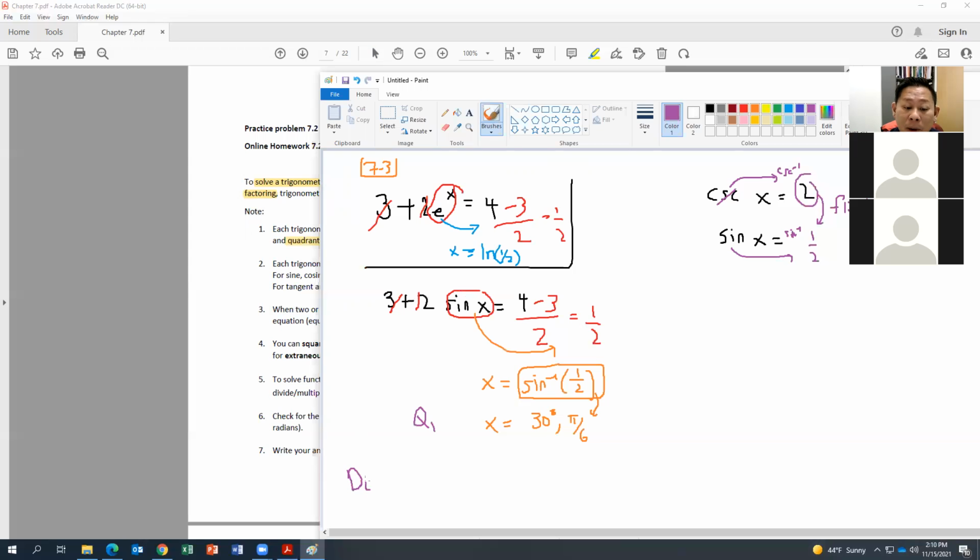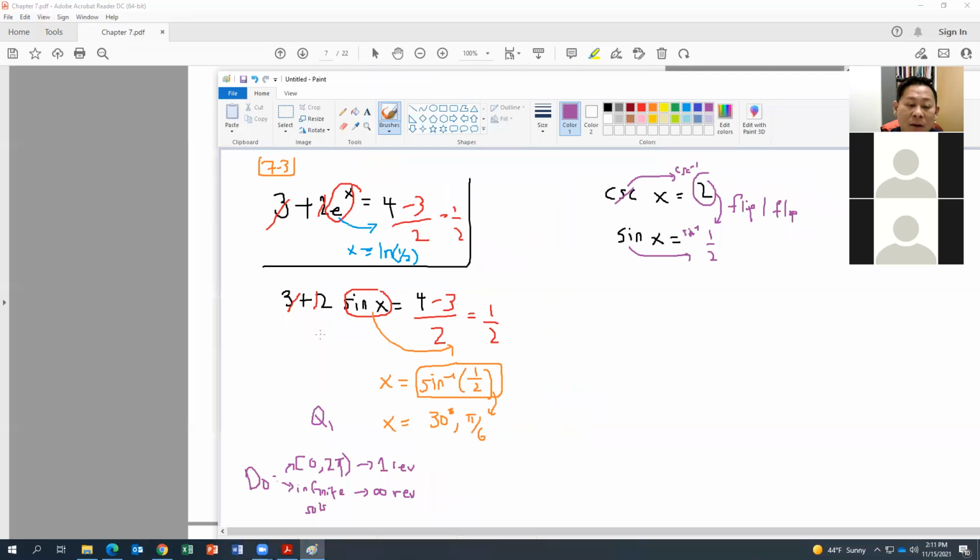If the domain is from 0 to 2 pi, this means that it goes 1 revolution. And if a question is asking us for infinite solutions, then this goes to infinite revolutions. So let's talk about 1 revolution, and let's talk about infinite revolutions here.